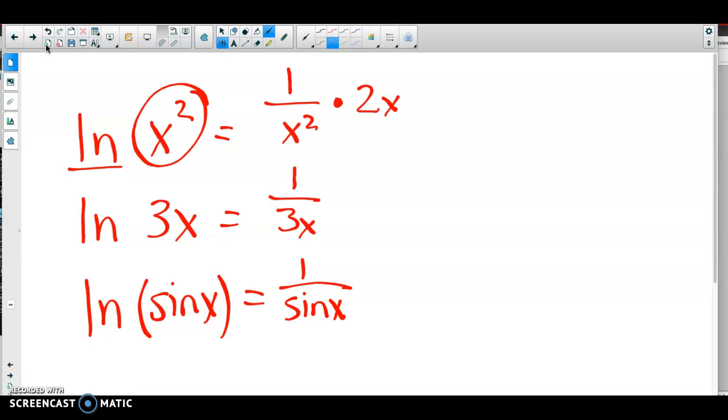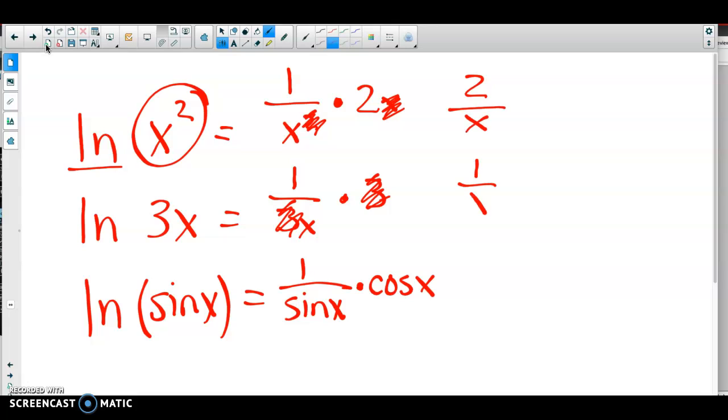So it's times 2x, this is times 3, and this is times cosine of x. I could leave them all like that. It's totally fine. With multiple choice, they'll often cancel, and this will happen all the time. This will cancel with this. This will cancel with this. And we're left with 2 over x, and 1 over x.